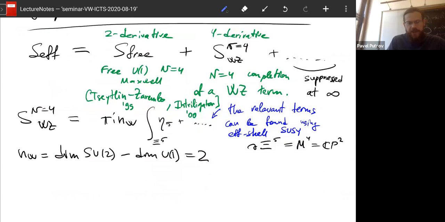One way to derive it is to do the explicit calculation, integrating out W bosons.